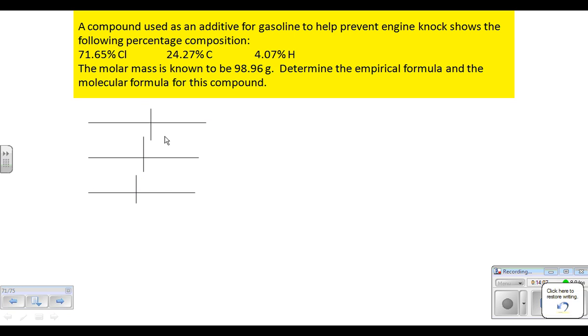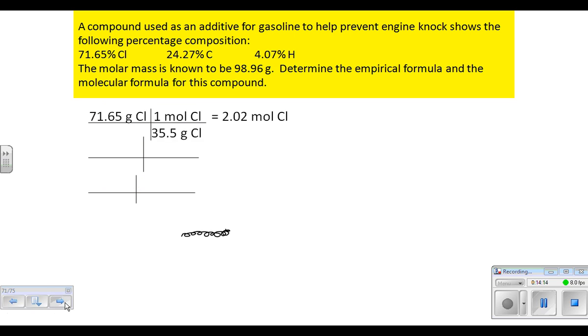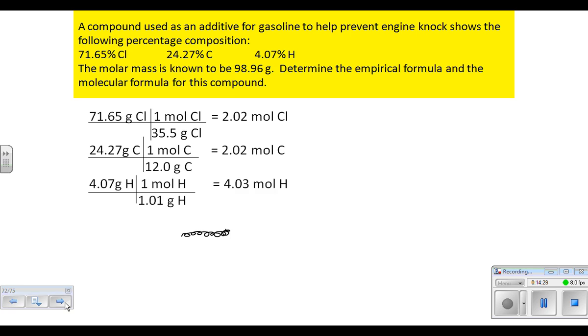So this should be 35.45 that we would divide that by. Then this one should be 12.01, and then this one is 1.01. So those are correct. So we're going to end up with those values of 2.02, 2.02, and 4.03.